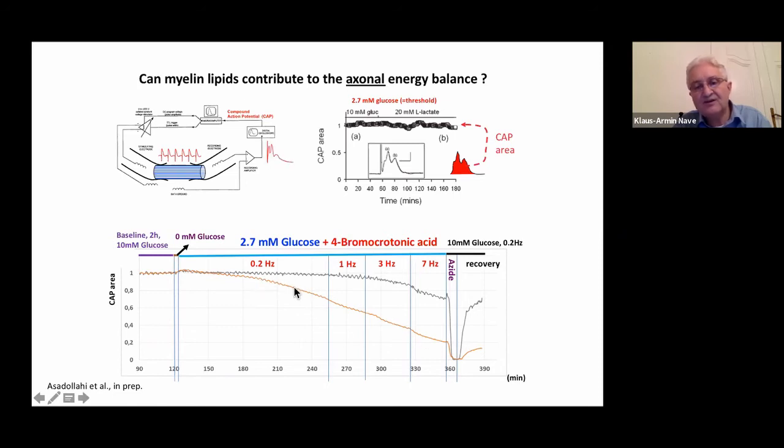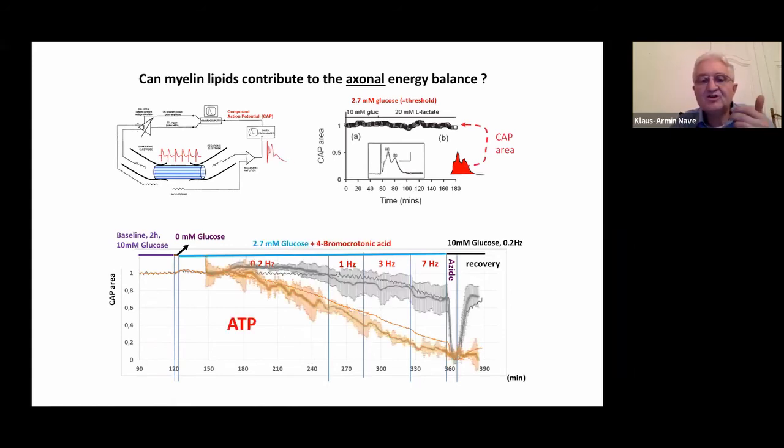Even here, if you were to extend that, that is stable, that is not. So that means under those conditions, fatty acid beta oxidation participates in the energetic support of axon function as well.